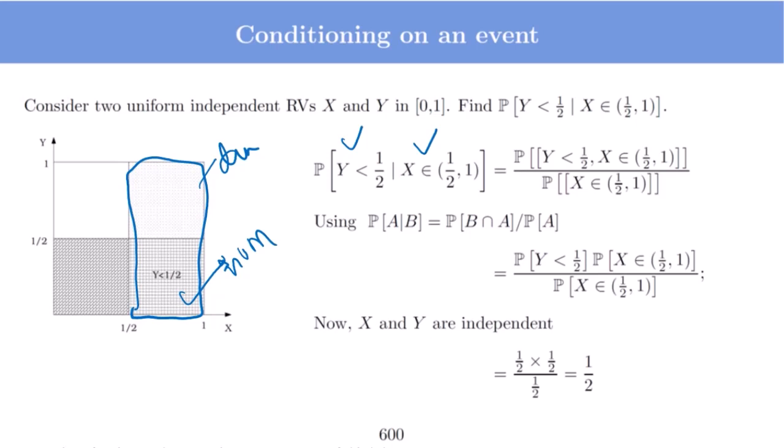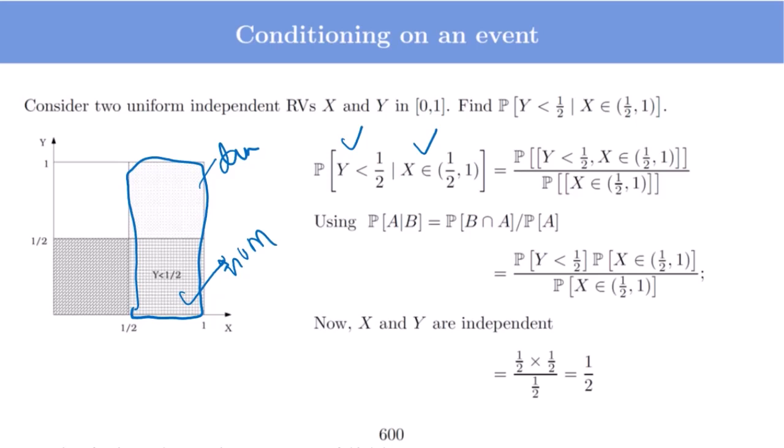If I only look in this blue area, which denotes B, what is the chance that Y is also less than half, or A occurs? If this is a uniform area, then half is the relative probability.